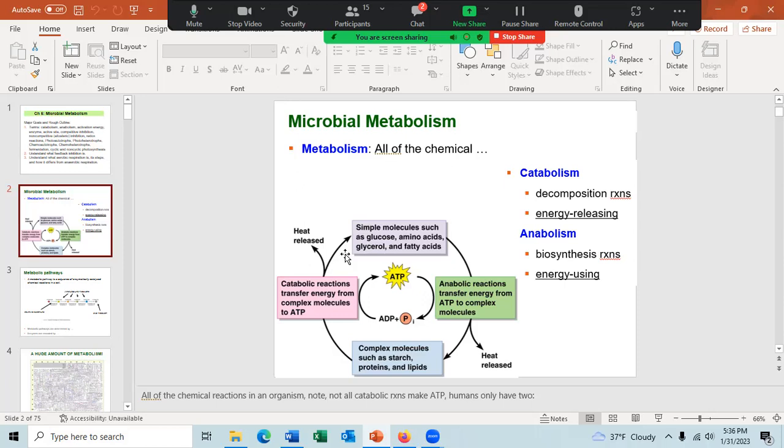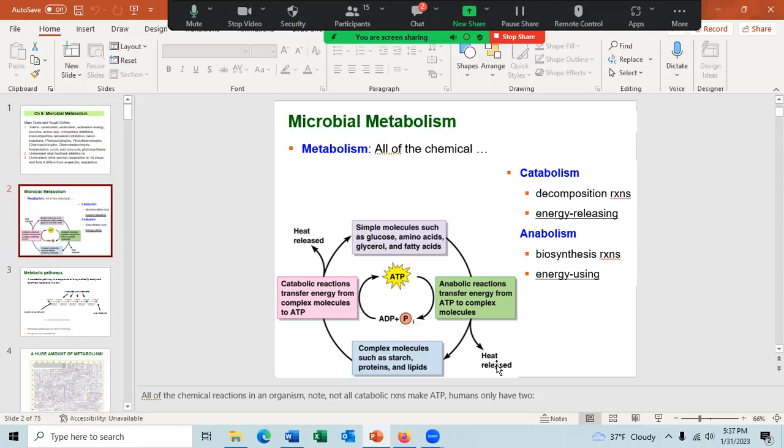Now, once again, when you convert one form of energy, such as the energy in glucose and the energy in ATP, into the energy of starch, some of that energy is lost and is lost as heat. So whenever you change one form of energy to another, you always lose some of that energy as heat. And if you don't know, that's the second law of thermodynamics. I'm not going to quiz you on that, but you should know that from a previous course.